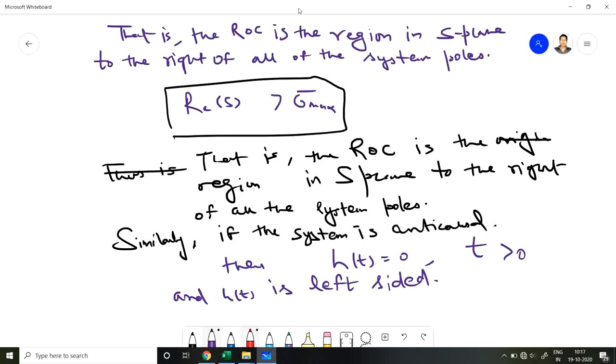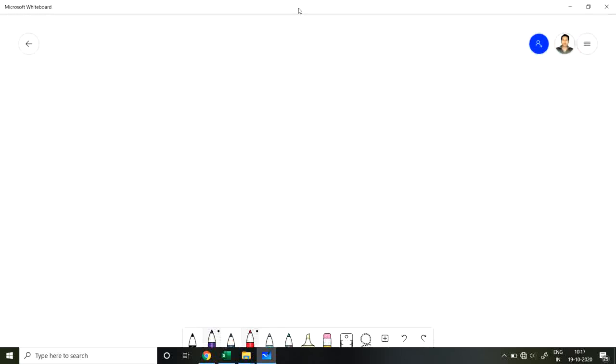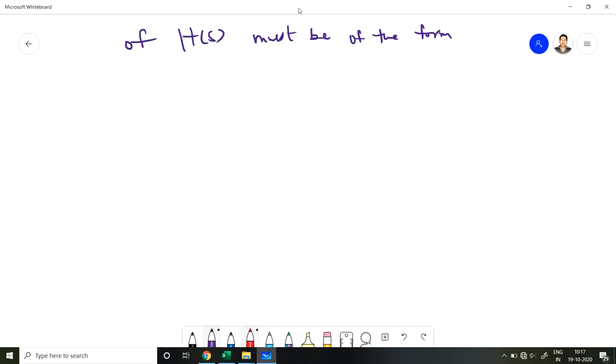Then the ROC of H(s) must be of the form real part of s is less than sigma minimum.